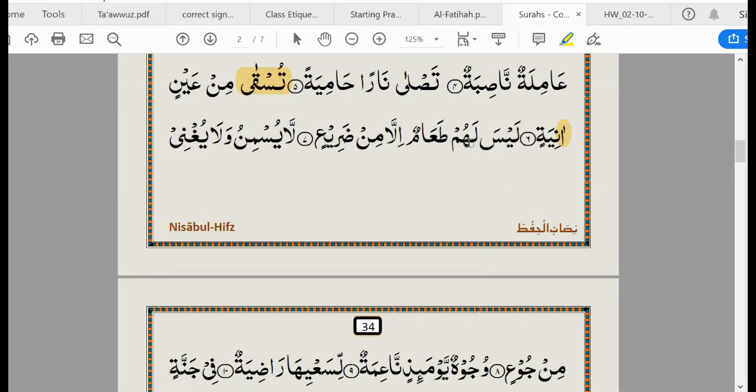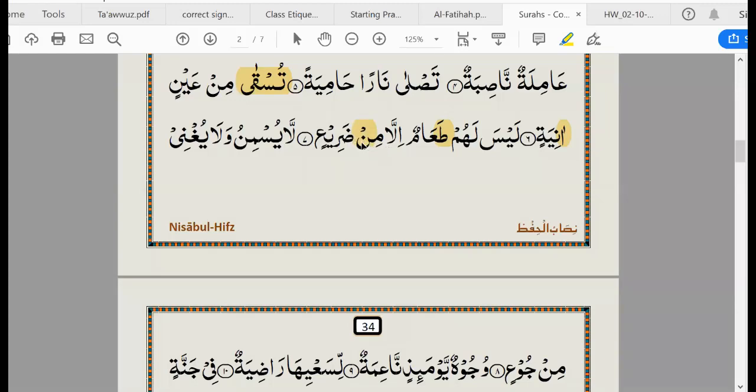ليس لهم طعام إلا من ضريع. Okay. So this is ta, right? So you have to make a thick sound, not the ta. Ta, ta. Okay. And here, not min.